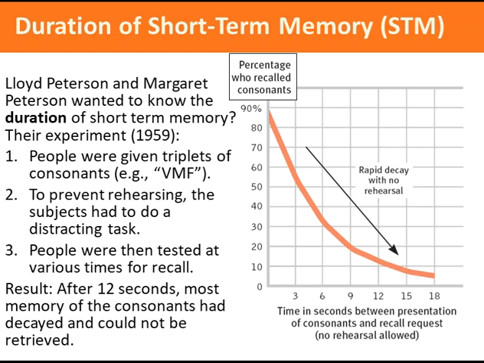Results after 12 seconds: most memory of the consonants had decayed and could not be retrieved. So the percentage of who recall the consonants, you can see 90%, down to 60% around 3 seconds, around 30% after 6 seconds, but after 12 seconds we see a major decline in your ability to recall that information.